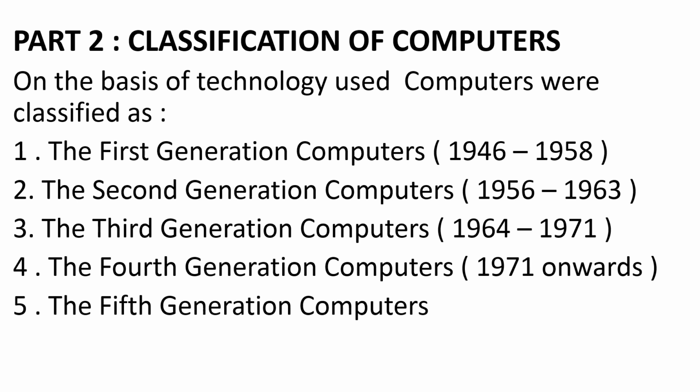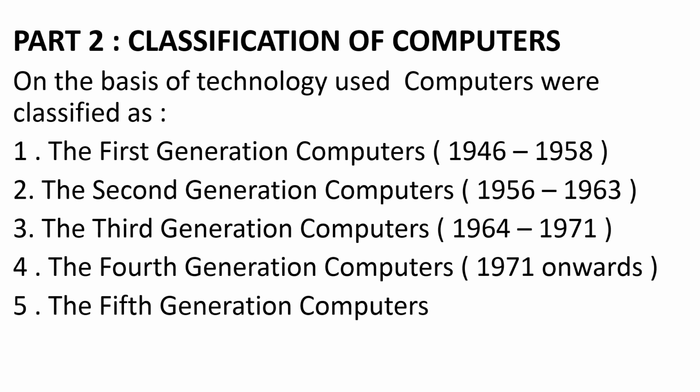Now we have studied part 1 of this chapter, that is the calculating devices. Now we are moving to part 2, that is the classification of computers. On the basis of technology used, computers were classified as first generation computers, which were used from 1946 to 1958.